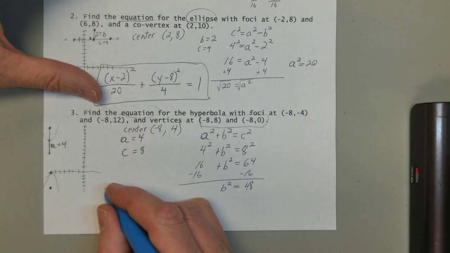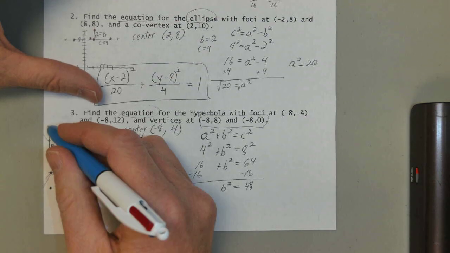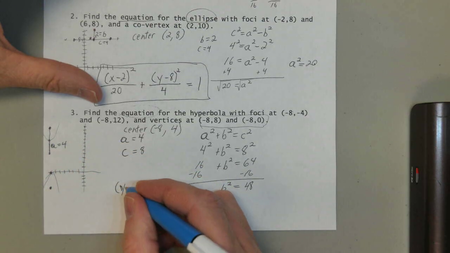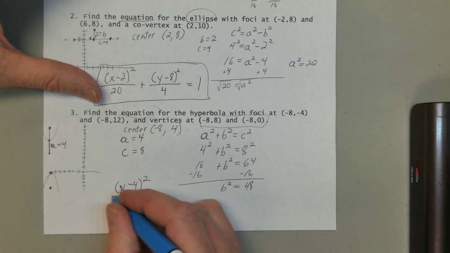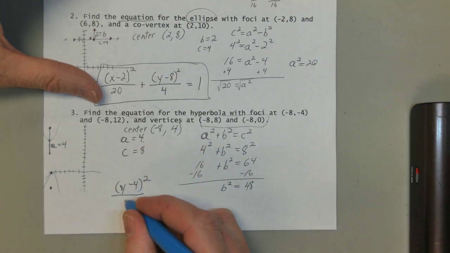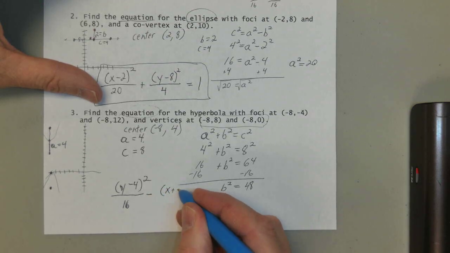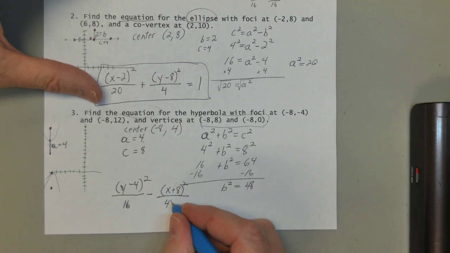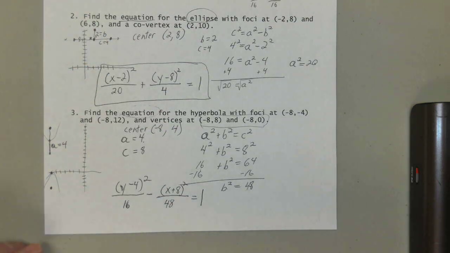It is a vertical hyperbola, so I'm going to write y minus 4 squared over a squared, which is 16, minus x plus 8 squared over 48, that's what b squared is, equals 1. So there's that equation.